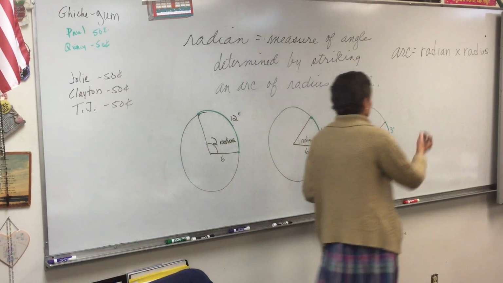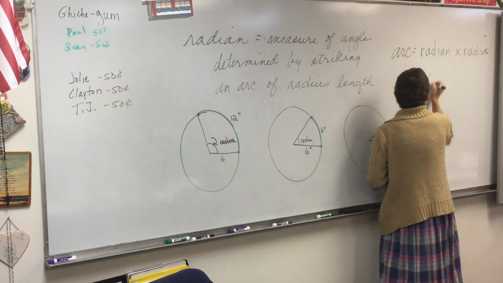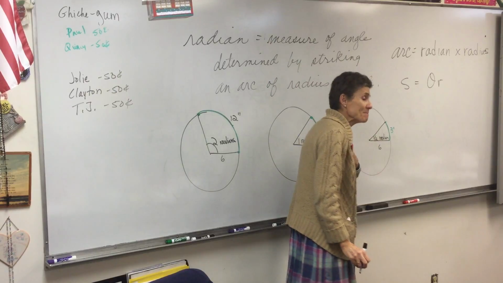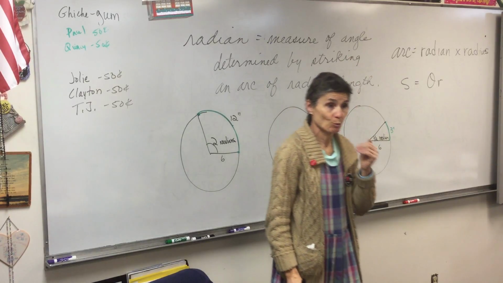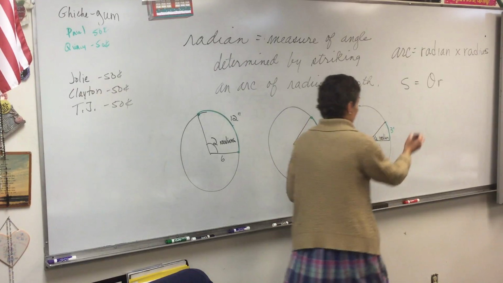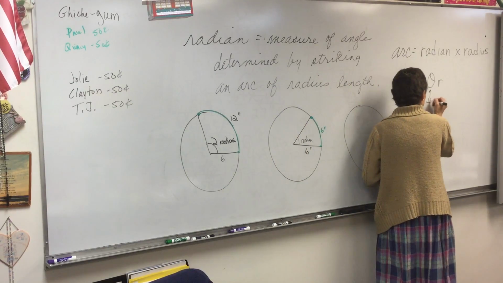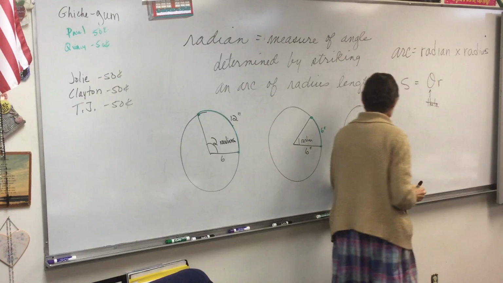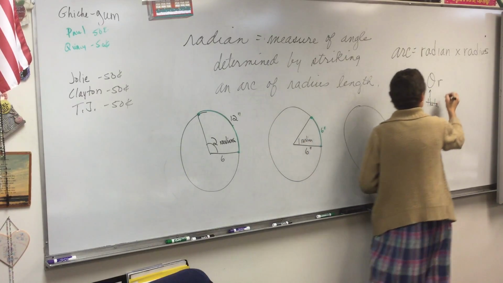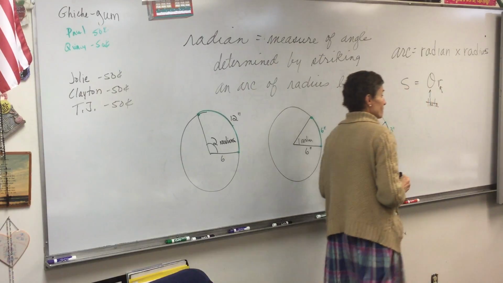Your book will write it like this. I remember it better thinking of it as radius times radians. But theta, this is a Greek letter theta, that is the measure of the central angle. And R is, of course, the radius.